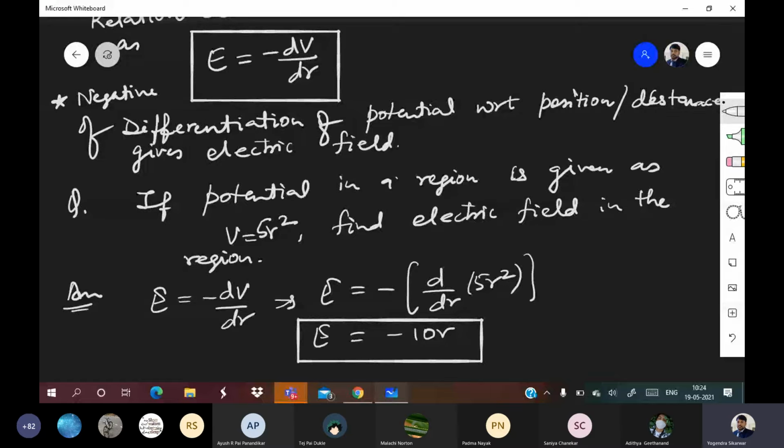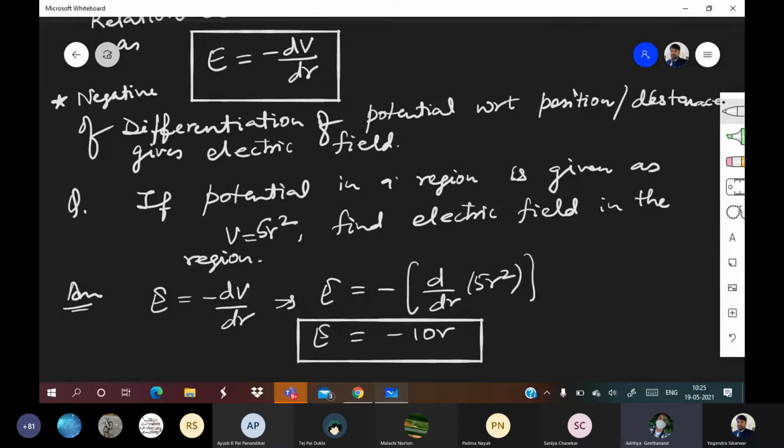So when potential is a scalar quantity and electric field is a vector quantity, how are we converting a scalar into a vector just by differentiation? How is it happening? That is my question. Is there anyone who is going to answer this?